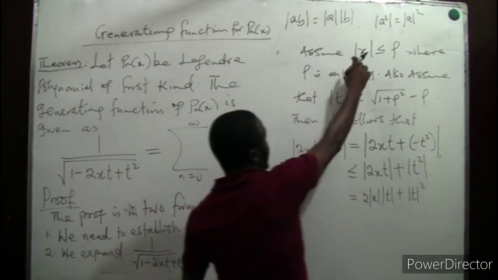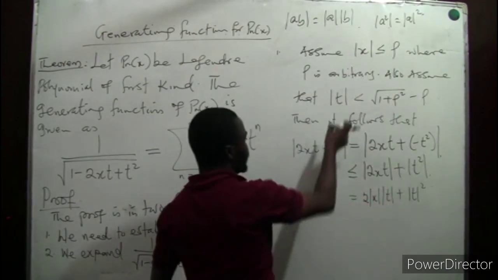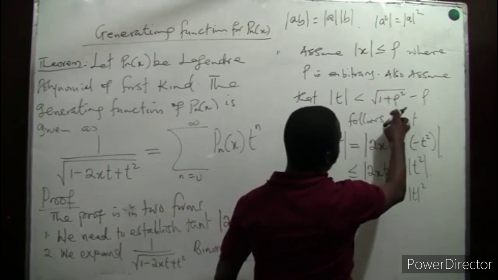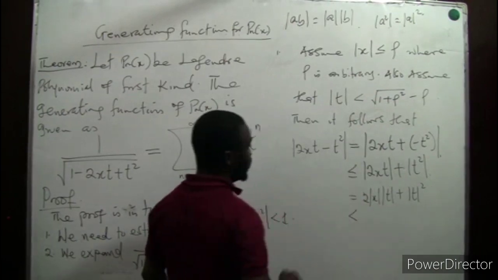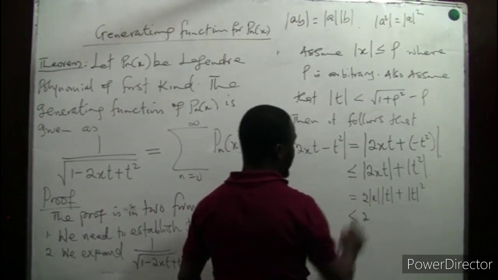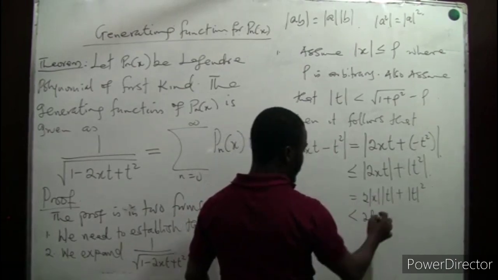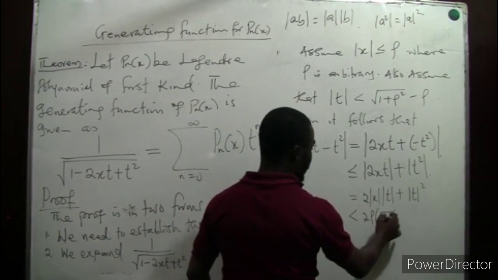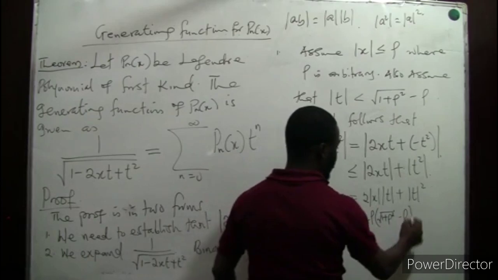Now we can make our substitution. Of course, absolute of x is less than or equals to rho, while absolute of t is less than square root of 1 plus rho squared minus rho. So this becomes less than strictly 2 rho, then bracket square root of 1 plus rho squared minus rho.